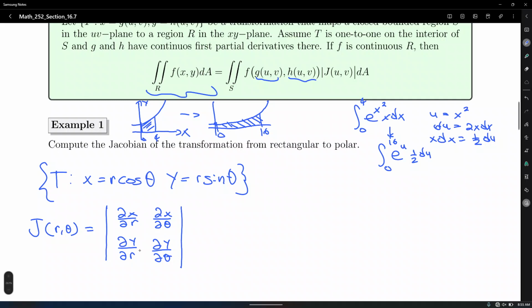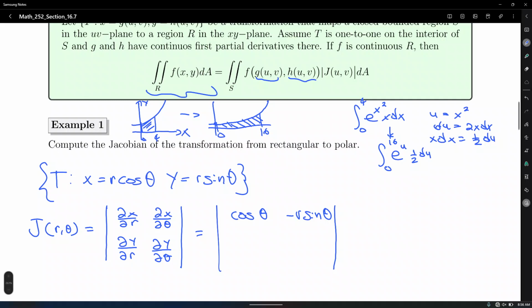So how about we compute these partial derivatives? Let's have a look at the x equation. Find the derivative of x with respect to r. The derivative of r is 1 times cosine, that equals cosine theta. The derivative of the x equation with respect to the angle theta, well, the derivative of cosine is that negative sign, times the r, that's negative r sine theta.